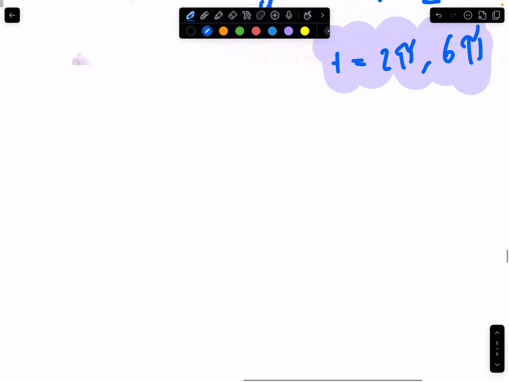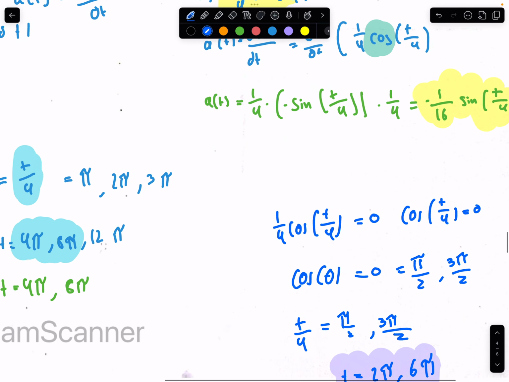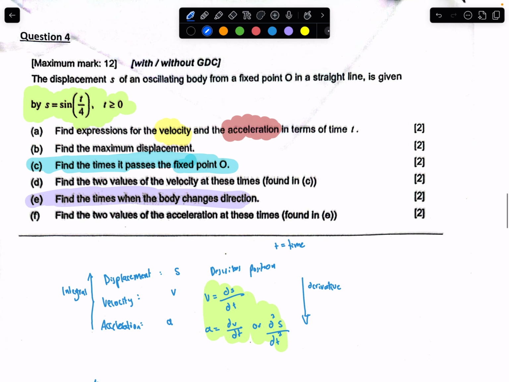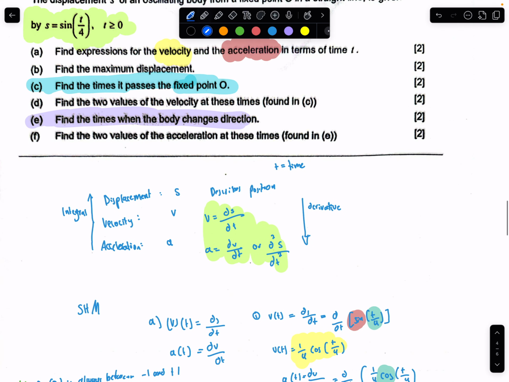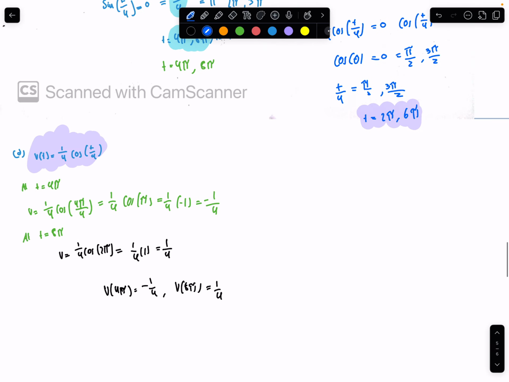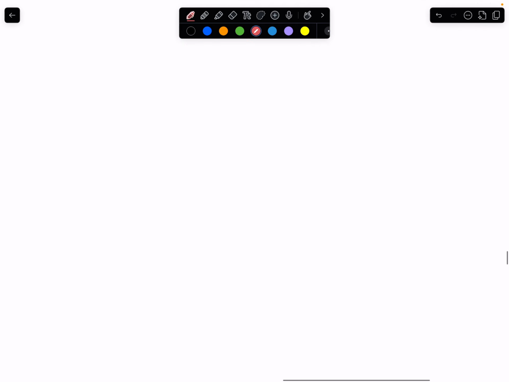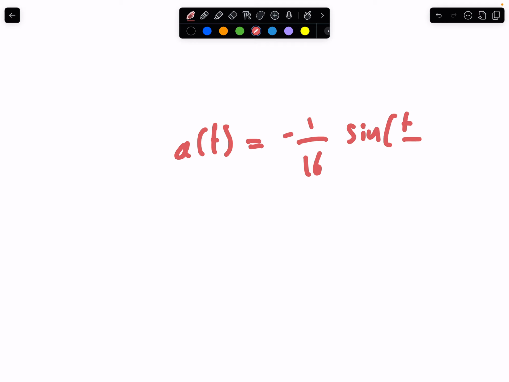For the final question, it asks us to find the two values of the acceleration at these times found in E. So just like what we did in C and D, we do the same thing for acceleration. From before, we know that acceleration is equal to negative 1 over 16 sine(t over 4).